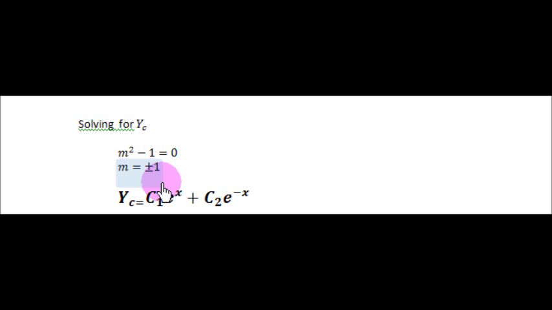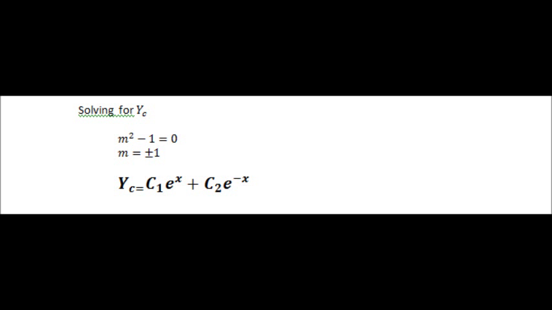So real distinct roots, since our m1 and m2 are not equal, so our yc will be equal to c1 e to the x plus c2 e to the negative x. Since our m1 is positive 1 and our m2 is negative 1, note that c1 and c2 are arbitrary constants.